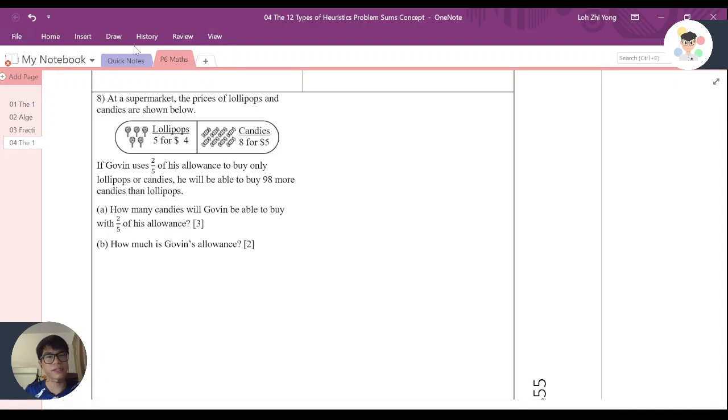Now this question says, at a supermarket the prices of lollipops and candies are shown below. So let me just quickly write down here. I have lollipops, I have candies. Lollipops are 5 for $4, candies are 8 for $5.